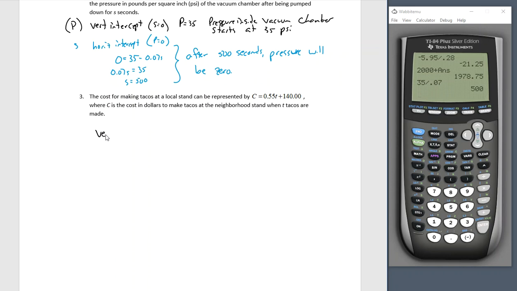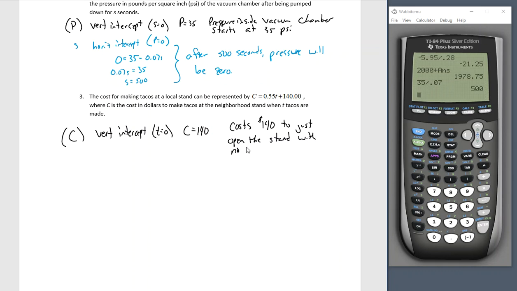So my vertical intercept, that's always our output, tells us when our input is 0. T is tacos, not time in this case. And we know that our C value is $140. So it costs $140 to just open the stand with no tacos.